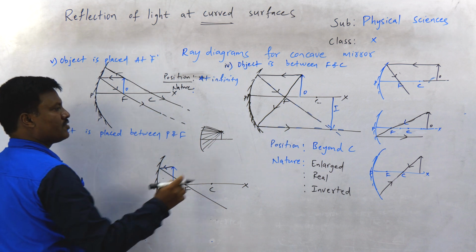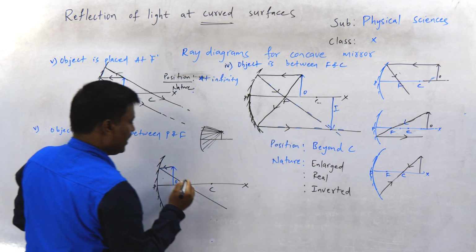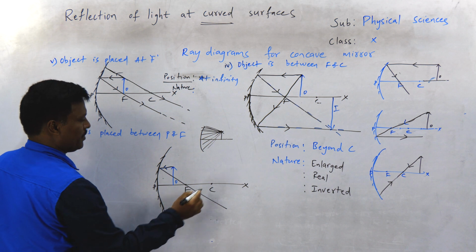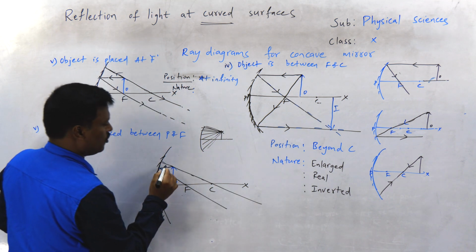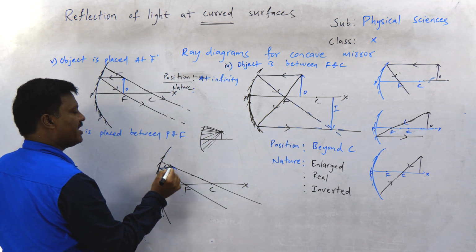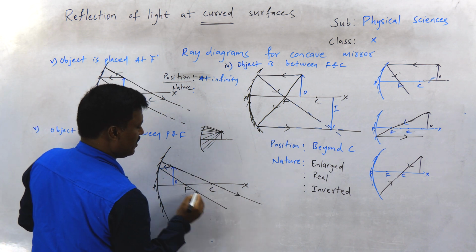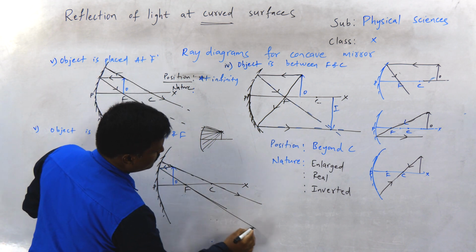Here also we don't use the second rule, we use the third rule. A ray passes through the center of the curvature, after reflection traces the same path. Okay, the ray after hitting the mirror, after reflection passes through the center of the curvature, and this ray passes through focus.